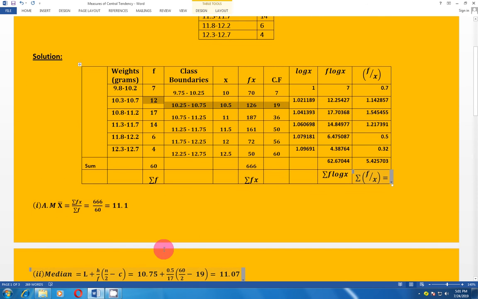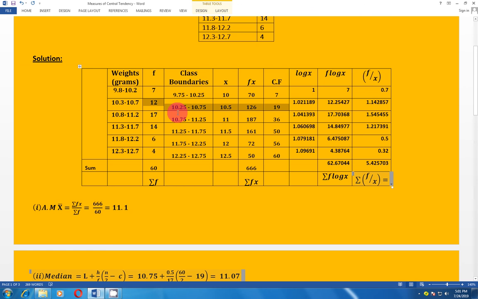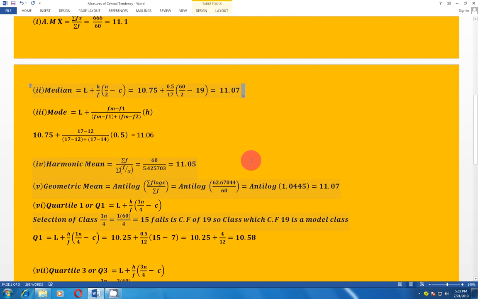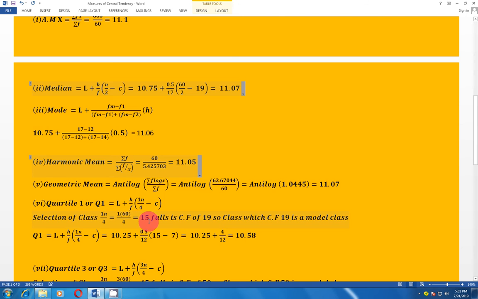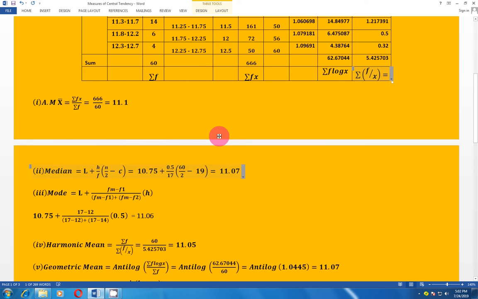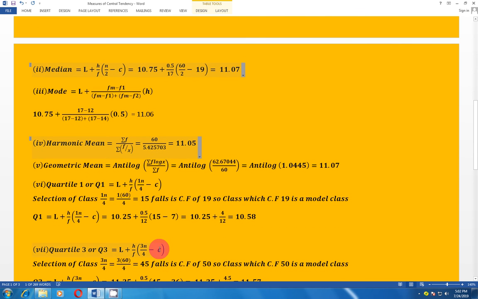So L is 10.25, H is 0.5, F is 12, and 1n by 4 is 15, and for cumulative frequency, we take the cumulative frequency which is before the cumulative frequency of the modal class. So after putting the values in the formula, the answer will be 10.58.